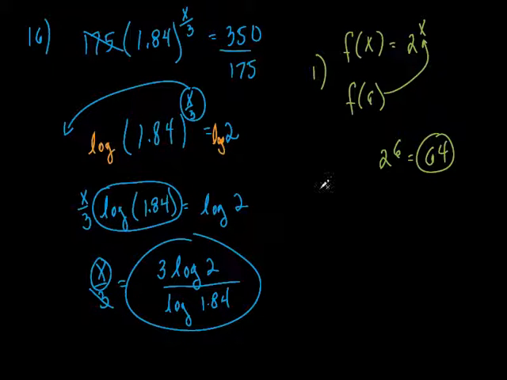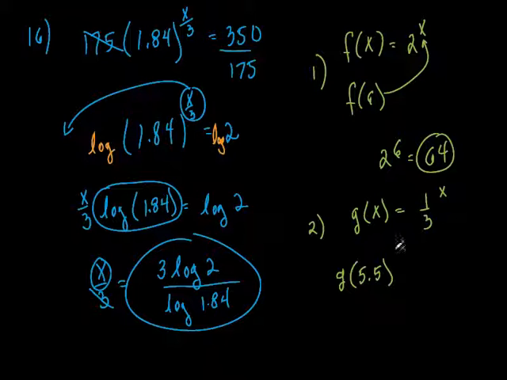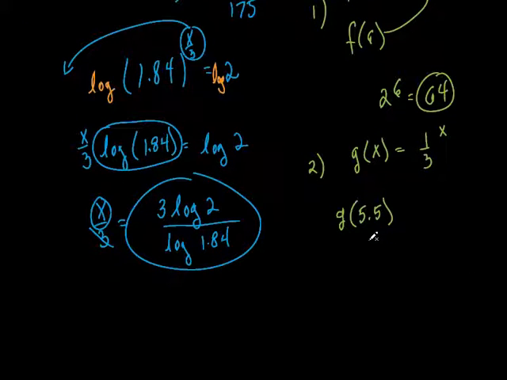Number 2 is the same thing, except you're putting into the g function. The g function says 1/3 to the x, and number 2 says find g of 5.5. The step is the same. You might not be able to do that in your head like I did the last one.